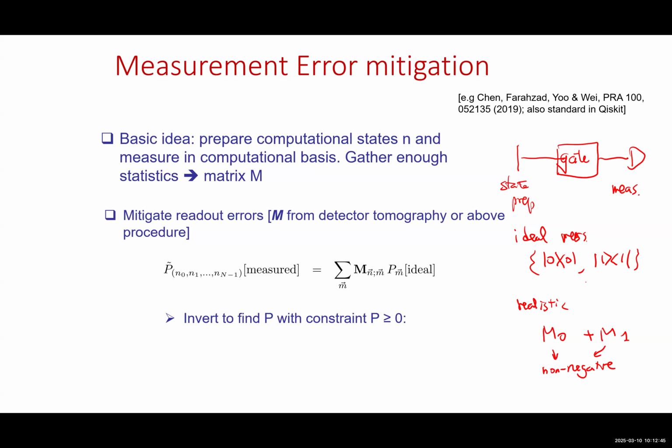So in the ideal case, P0 would be the trace of this with a state, a density matrix.